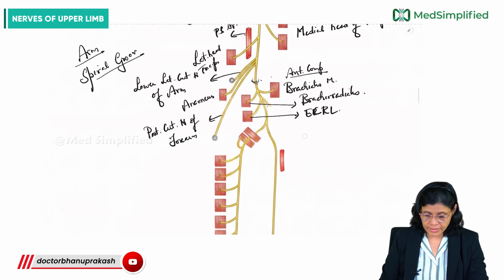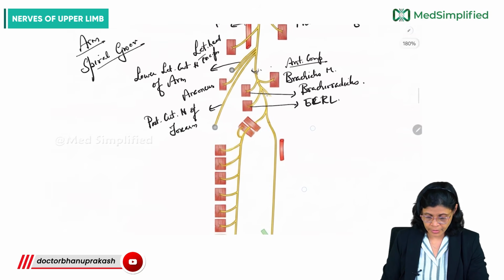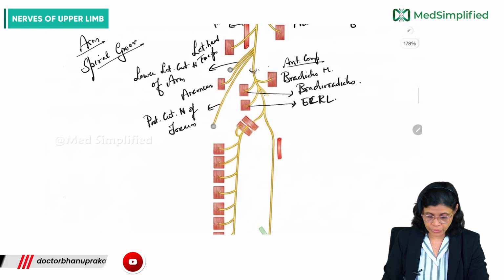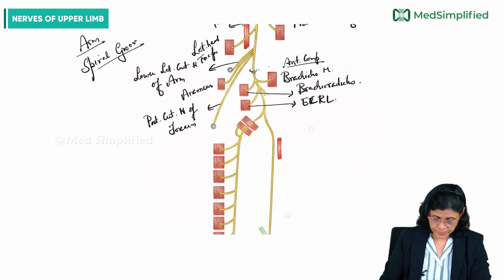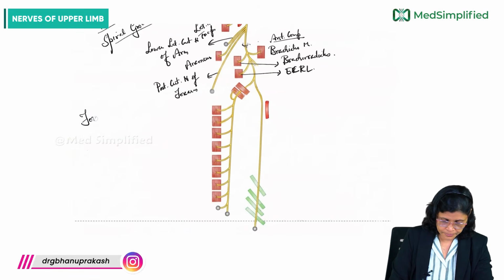Then once it divides, into the posterior interosseous nerve or the deep branch, which we call it. So here we can see, in the forearm we will see two branches.